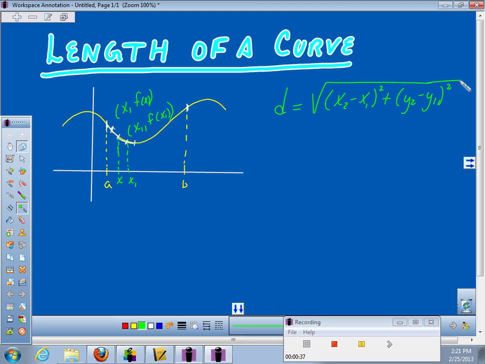So we are going to fill that in using the two coordinates we just put in here. We are going to be doing the square root of our right-hand point, X sub 1, minus our X. Then our Y coordinates are F of X sub 1 minus F of X.